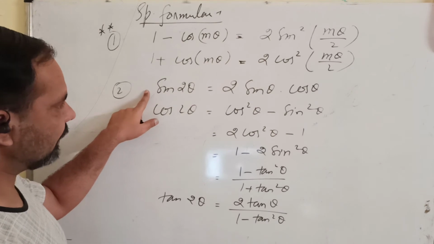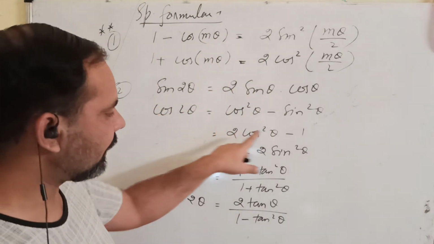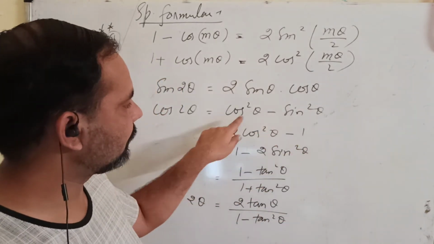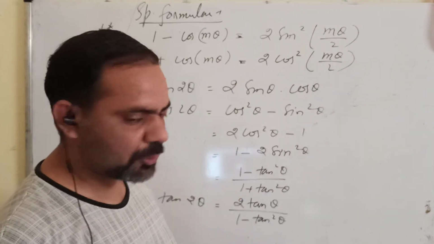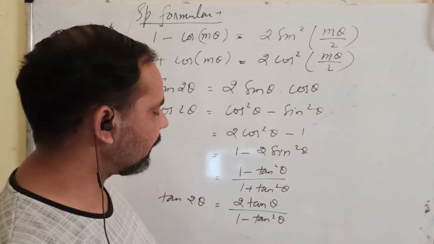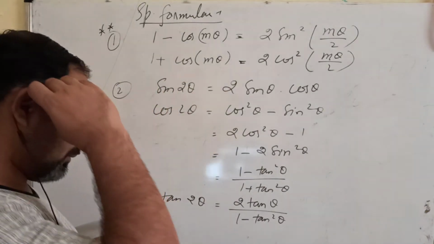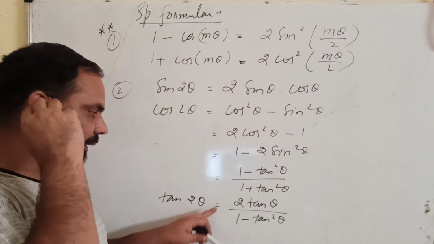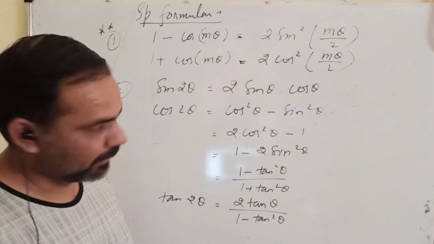So these are the formulas for 2 theta: sin 2 theta is 2 sin theta cos theta. Cos 2 theta has 4 different formulas: cos square theta minus sin square theta, 2 cos square theta minus 1, 1 minus 2 sin square theta, and 1 minus tan square theta upon 1 plus tan square theta. Okay. Then the formula for tan 2 theta is 2 tan theta upon 1 minus tan square theta.